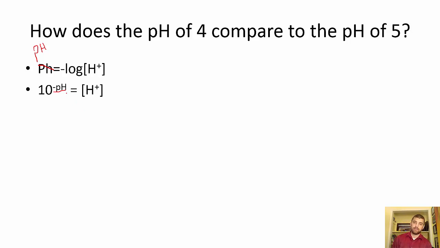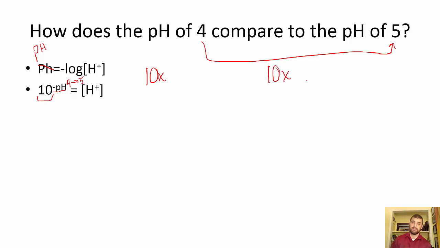All right, well, what's going to happen if we change the pH from 4 to 5? How big of a difference is that? Well, remember, it's 10 to the. So every time you change it, you're changing it a 10 times concentration. So if you go from 4 to 5, or vice versa, that's a 10 times difference in H plus concentration, right?